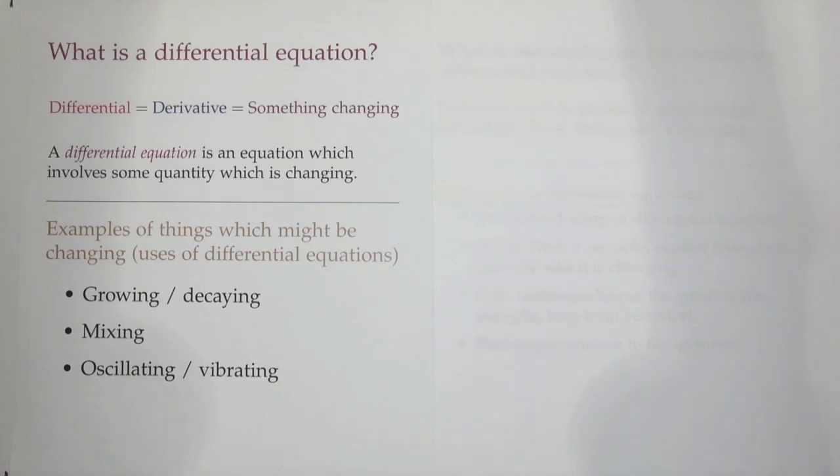Then you have oscillating or vibrating. Things wiggling, moving up and down. Why might you care? Well, maybe you're a mechanical engineer. You're designing some shock absorbers for your vehicle. You want to say, look, I really want to make the shock absorbers just right. Not too bouncy, but not too stiff. So you can use differential equations to model.